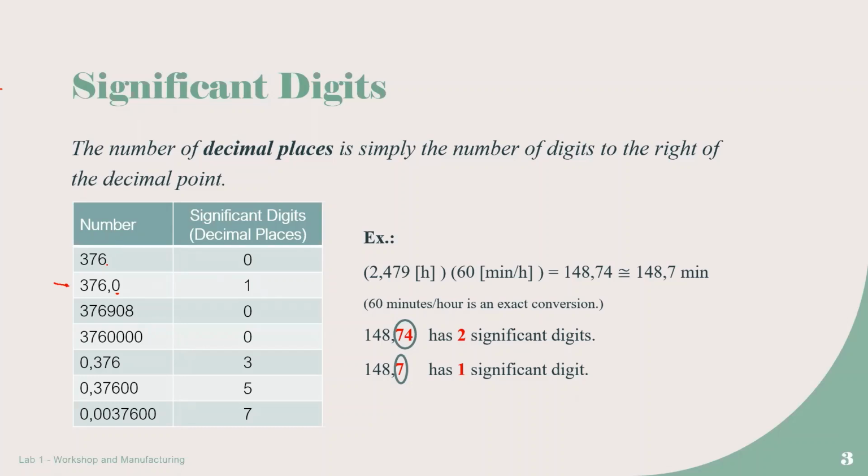Here I don't have any number after the comma, so the significant digit is 0. For example, here I have this value, and after the comma I have 1, 2, 3, 4, 5, 6, 7 digits. So the number of significant digits of this value is 7. Okay.